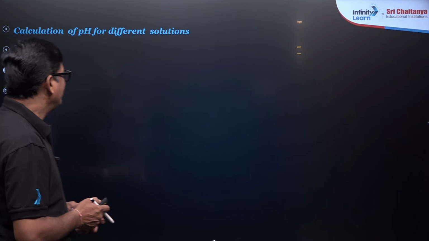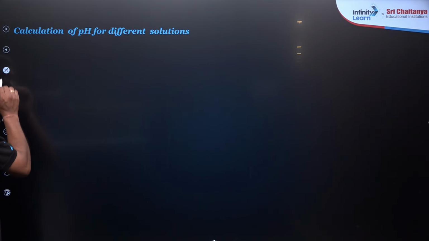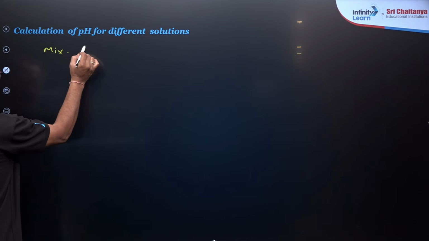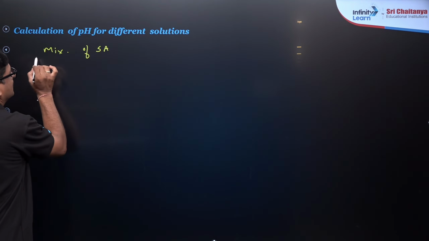Right. So moving ahead, mixture of strong bases, strong acids. So mixture of strong acids.